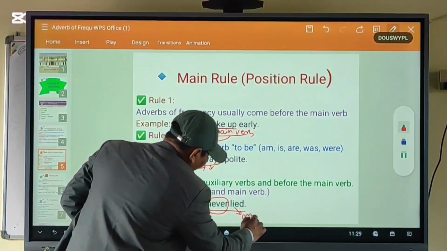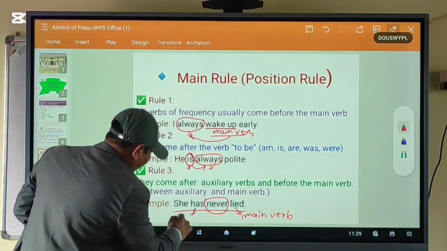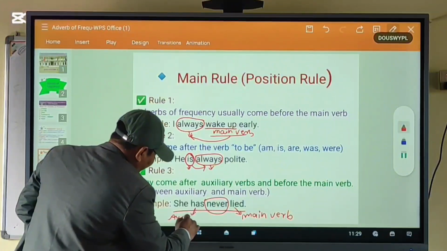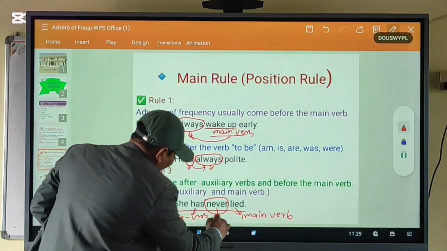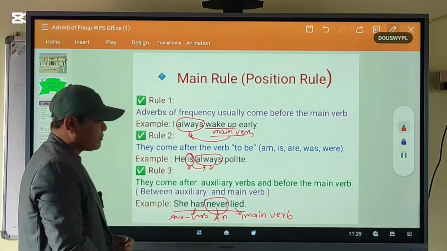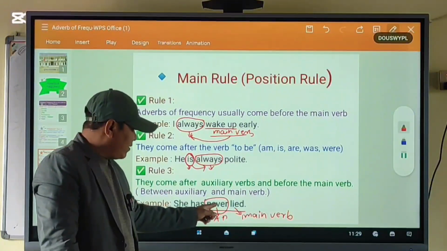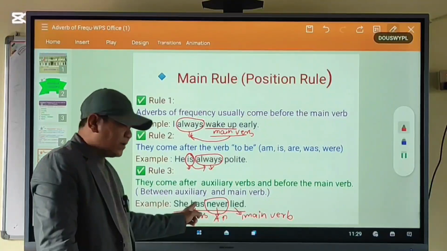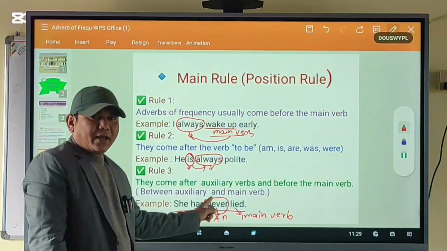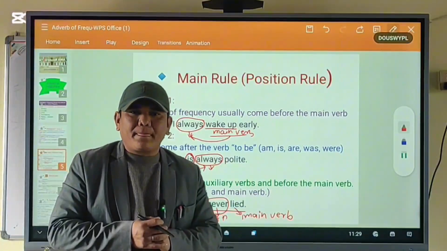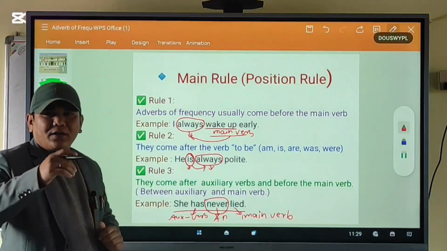Main verb. Auxiliary verb. And adverb of frequency. Okay, look at this. The adverb of frequency never is used after the auxiliary verb and before the main verb. Okay, is that clear now? Is that clear? Okay then. Now let's continue forward.